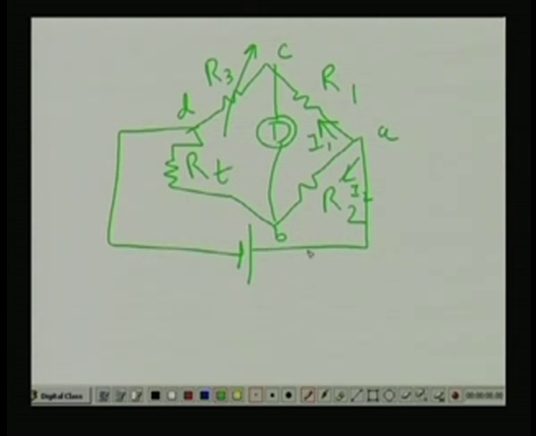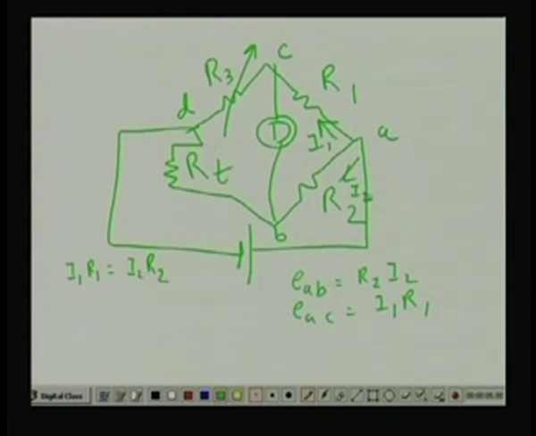Right. So, you see that EAB will be equal to the potential drop across this R2, that is I2 into R2, and EAC will be I1 into R1. At balance, when there is no output at the detector, I can say I1 into R1 equals I2 into R2, right.